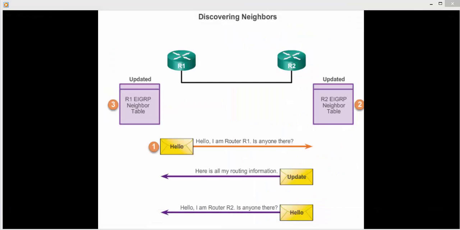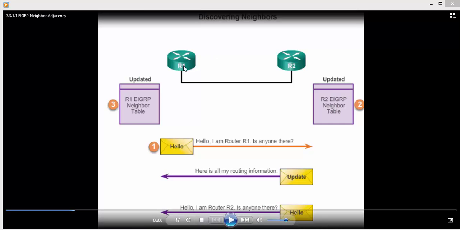Now let's examine this picture. This picture shows two EIGRP routers exchanging an initial EIGRP hello packet. When an EIGRP-enabled router receives a hello packet on an interface, it adds that router to its neighbor table.